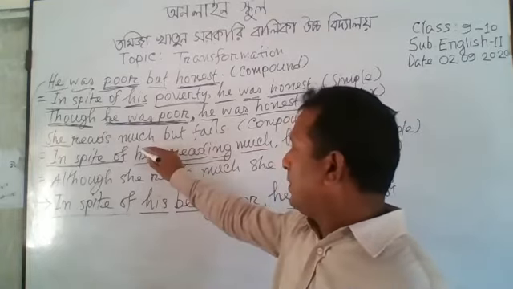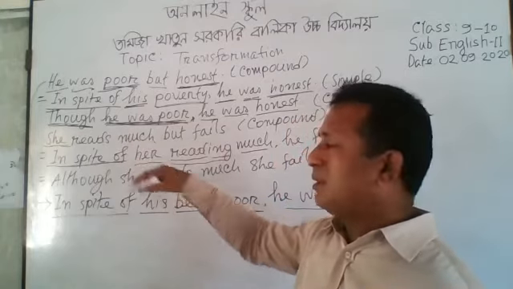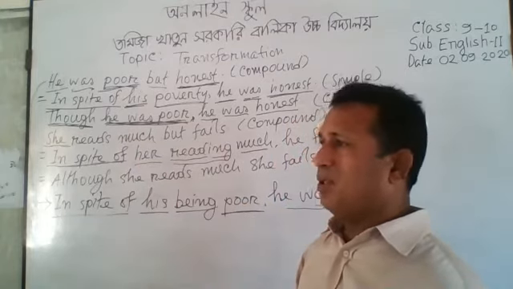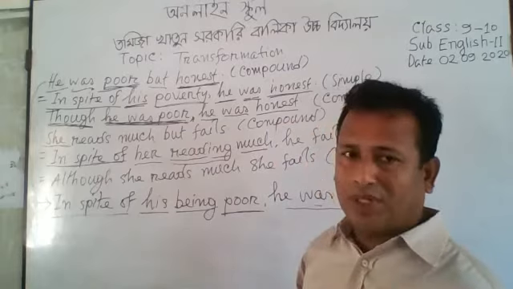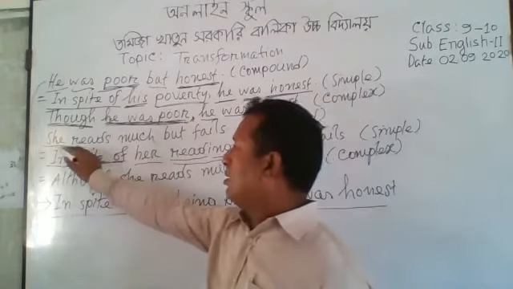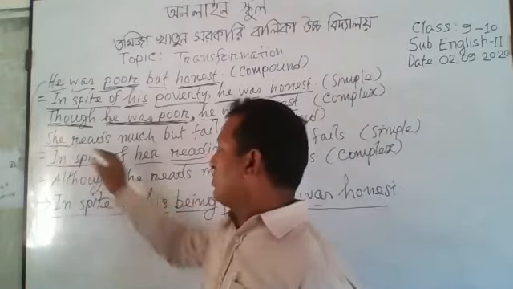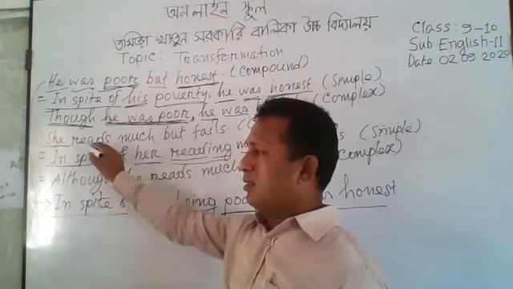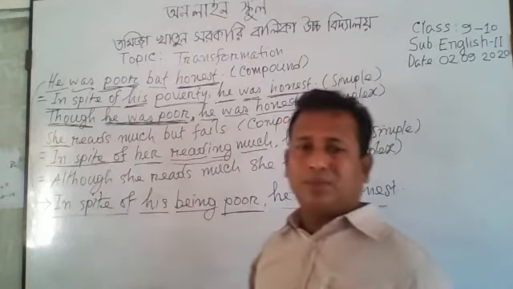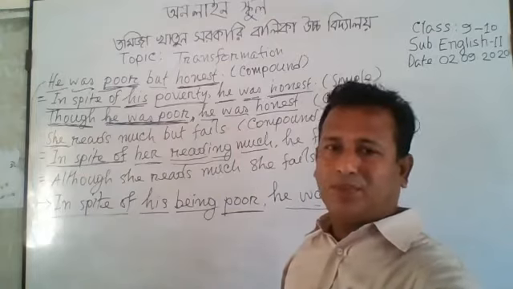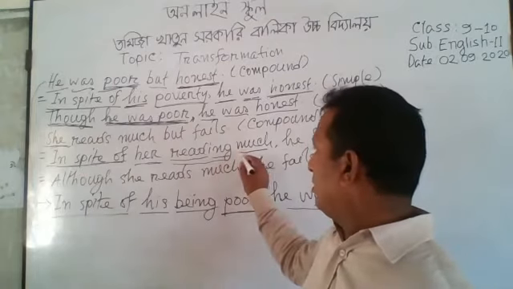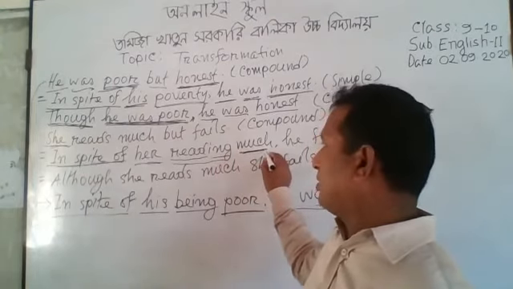So the rule is: at first in spite of or despite, then the possessive of the subject and ing with the principal verb, and the rest of the part, much.